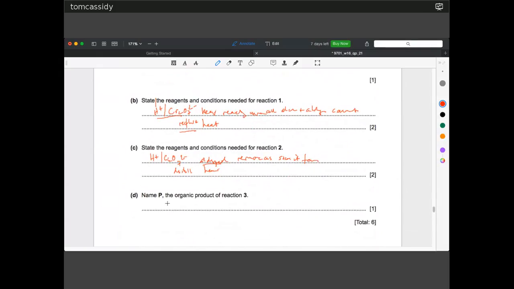And because you had propanol and you had propanoic acid, the ester you're going to make is propyl propanoate. Okay, carboxylic acid and an alcohol makes an ester. We had propanol and propanoic acid makes propyl propanoate.